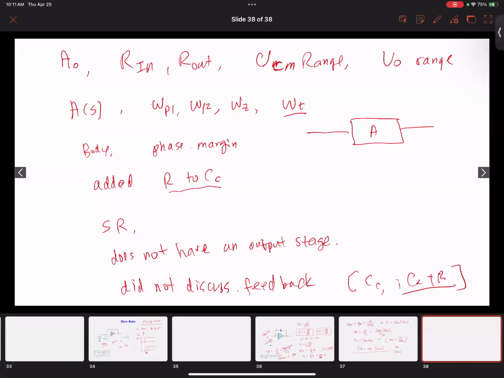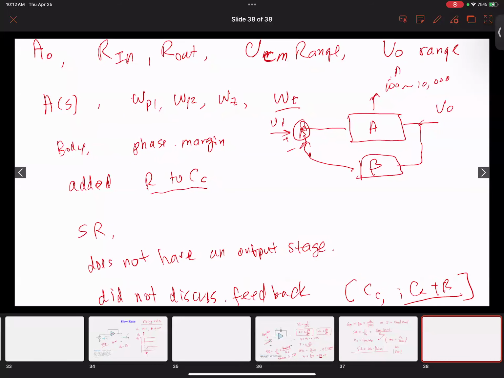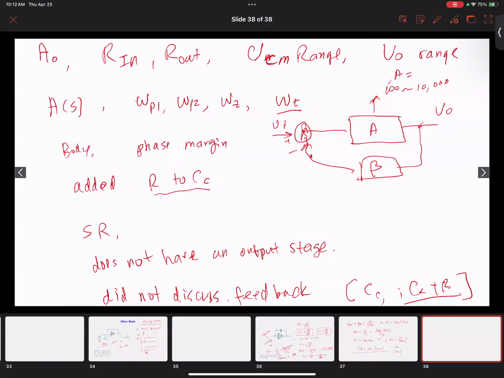And then you can always introduce additional feedback. And then you have your input come in, and you have a feedback. And this circuit will become more of a complete circuit. And this A, in the circuit we calculate, can be between 100 to 10,000 based on the circuit parameters.